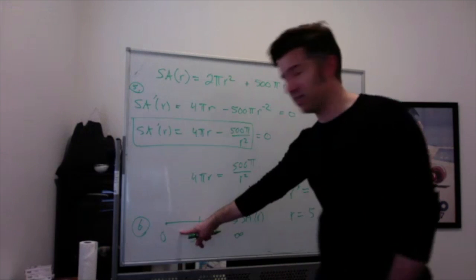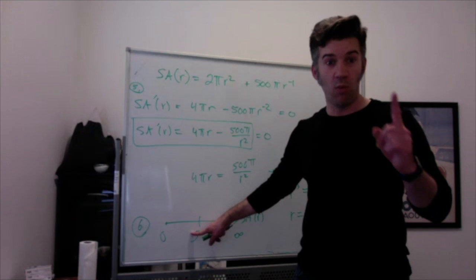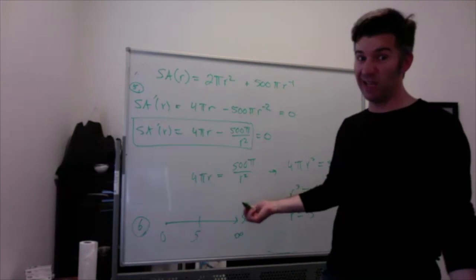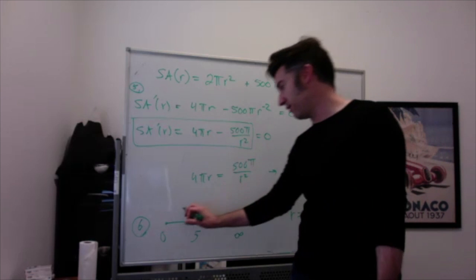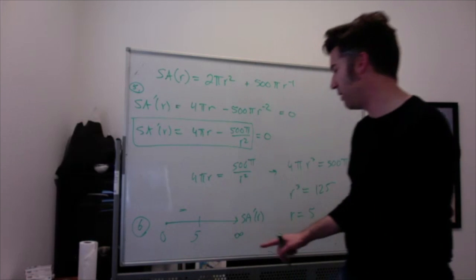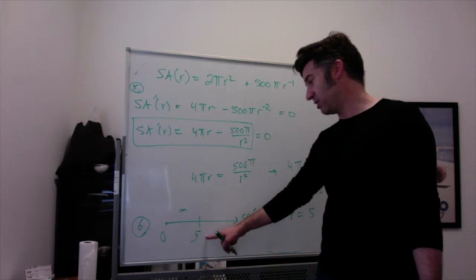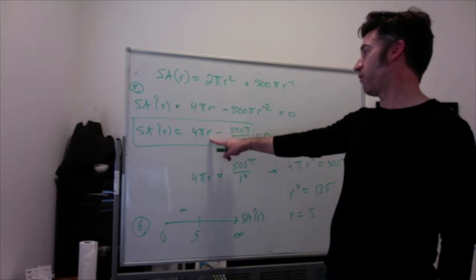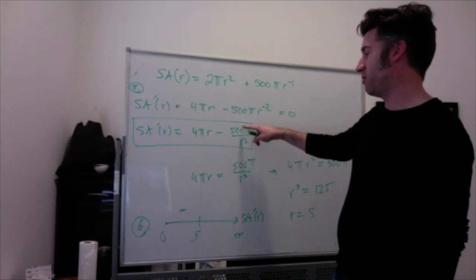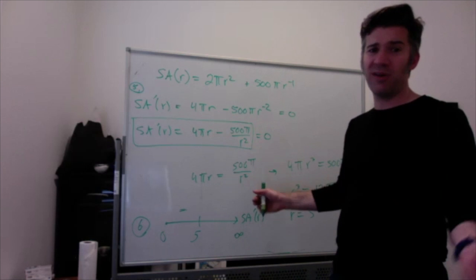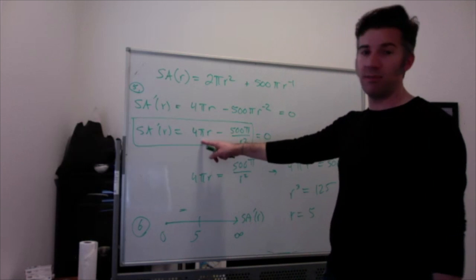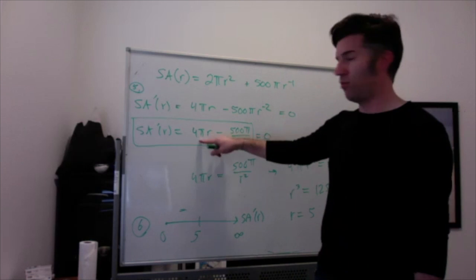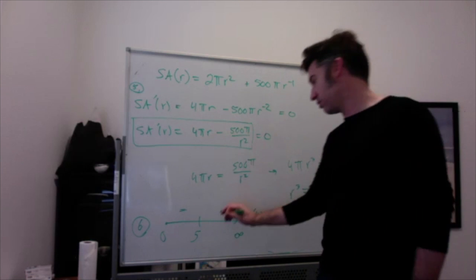So plug in the easiest number you can think of between 0 and 5, 1. 4 pi minus 500 pi over 1, that's definitely negative. And then over here, pick a number that's easy to plug in, like 10. Plug in 10, you get 40 pi minus 500 divided by 100, which is 5. Or you can plug in 1,000: 4,000 pi minus something over 1,000 squared is going to be super small. So a relatively big number minus a relatively small number is positive.